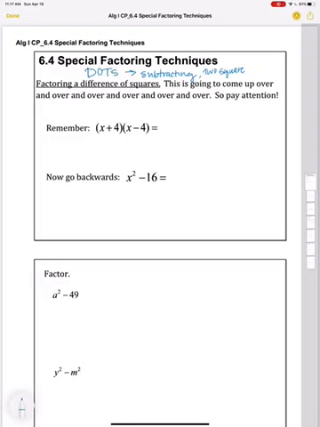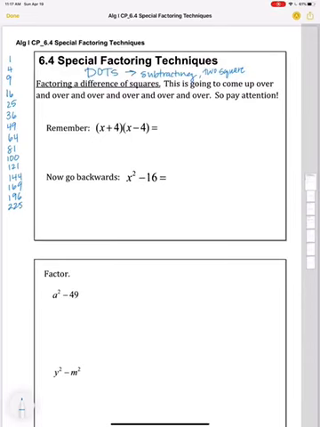We've made lists of these before. 1 times 1 is 1, so 1 is a perfect square. 4 is a perfect square. 3 times 3 is 9. 16, 25, 36, 6 times 6, 7 times 7, 49, 8 times 8, 64, 81, 100, 121, 144, 169, 196, and 225.